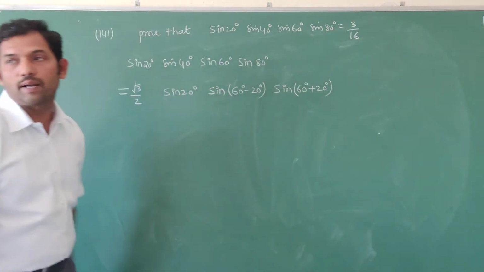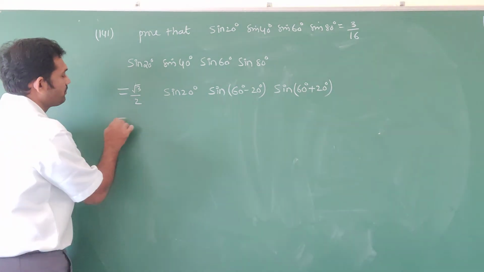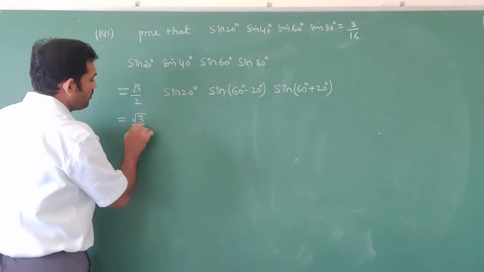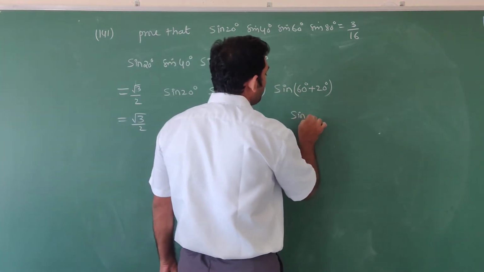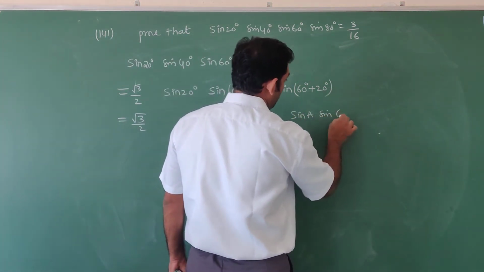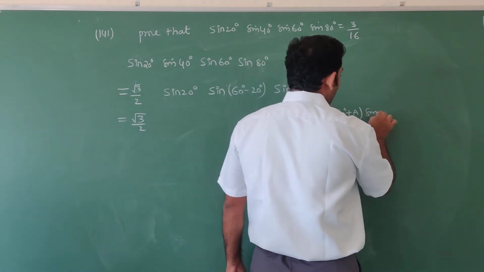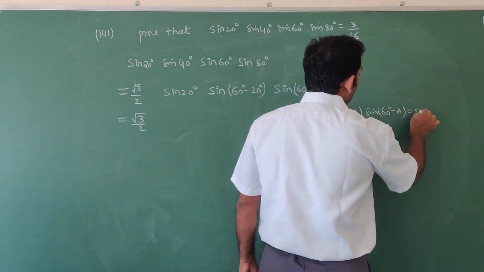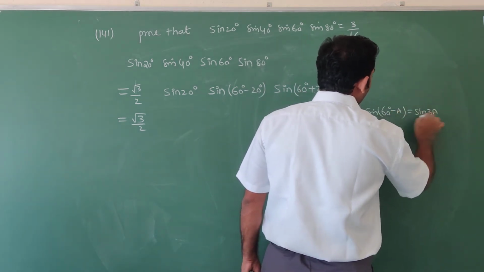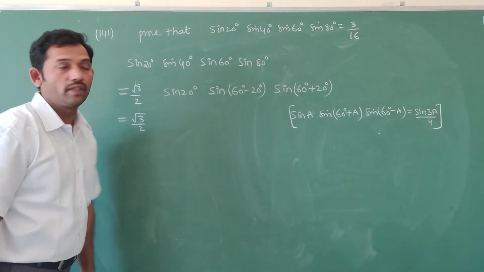Now compare with your formula. So what is our formula? Root 3 by 2 into sin A sin(60 plus A) sin(60 degrees minus A) is equal to sin 3A divided by 4. Using this formula, you have to see.